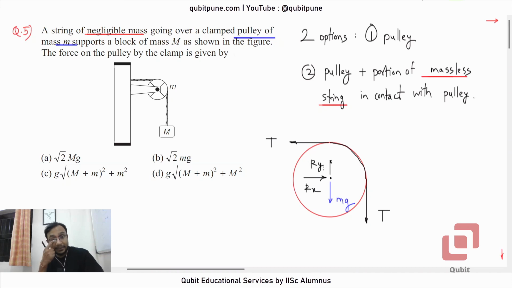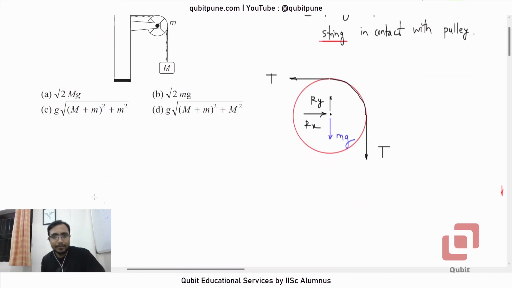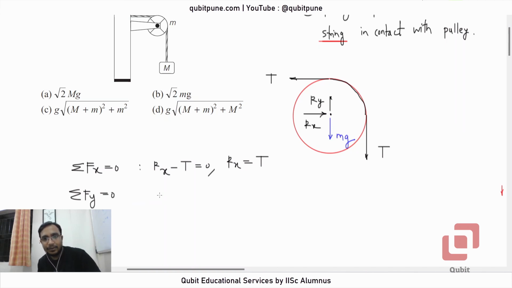Yes, it's option D. Now see, summation Fx equal to 0 gives me Rx minus T equal to 0, since Rx is to the right, so positive, or Rx equals T. And summation Fy equal to 0 gives me Ry minus T minus mg equal to 0. So what is Ry? Capital T plus mg.